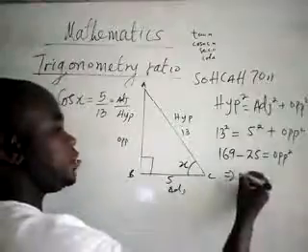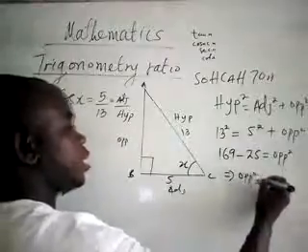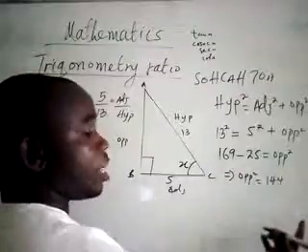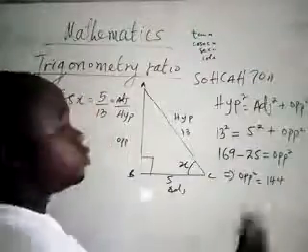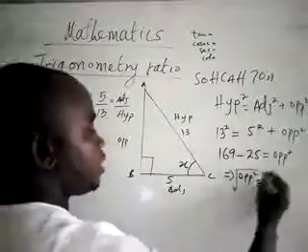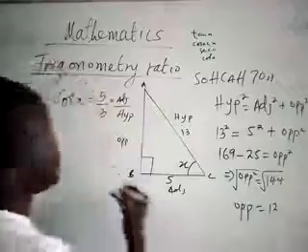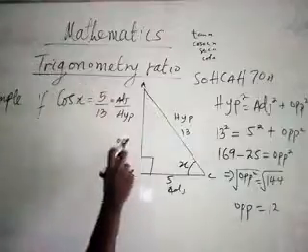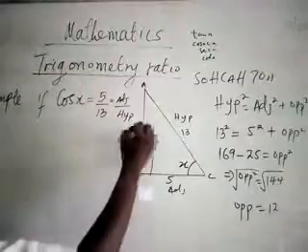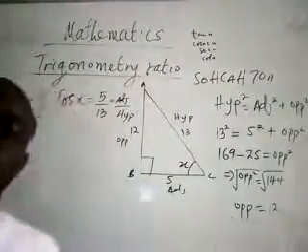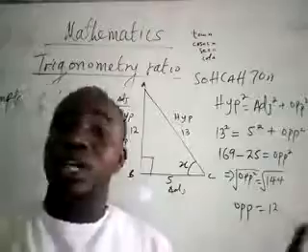This implies that my opposite squared is going to be equal to 144. You take the square root of both sides, so that your opposite becomes 12. That means this opposite here is my 12. You can see that I used the Pythagoras theorem to get the other side.